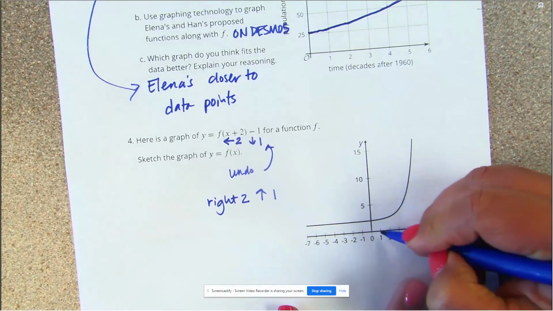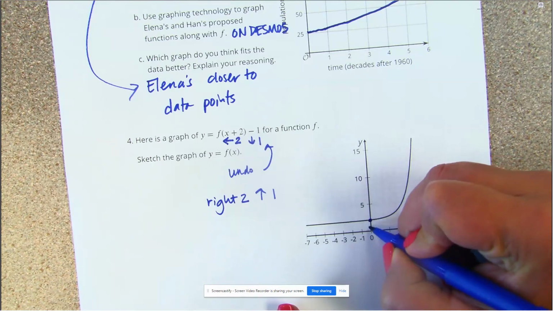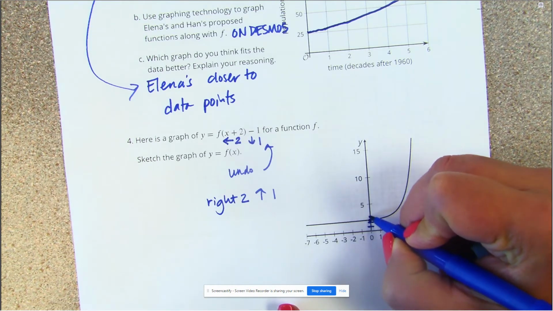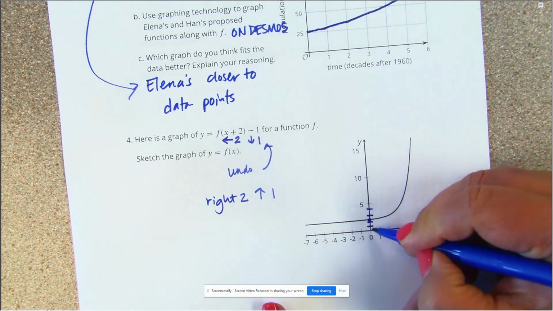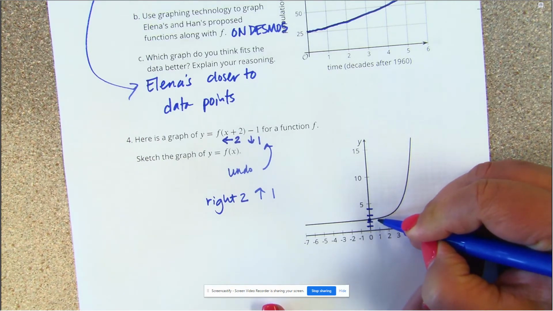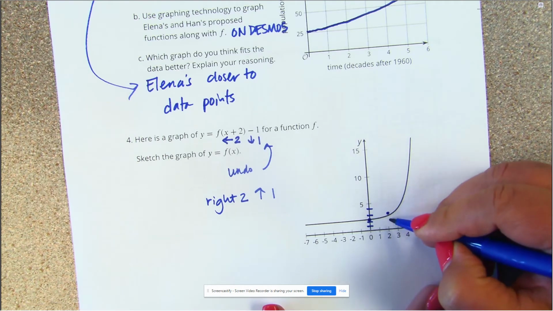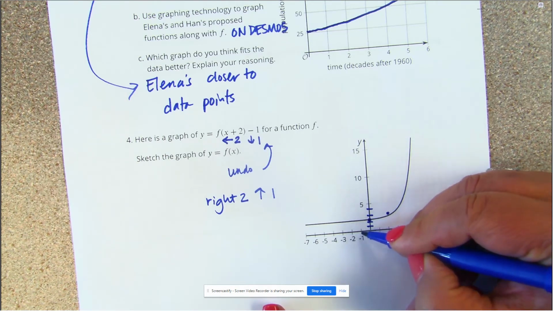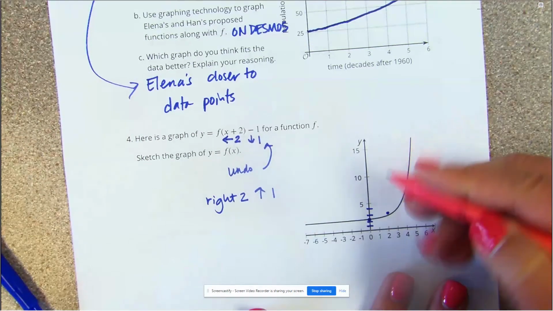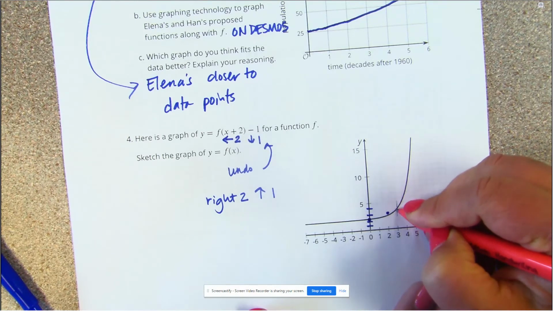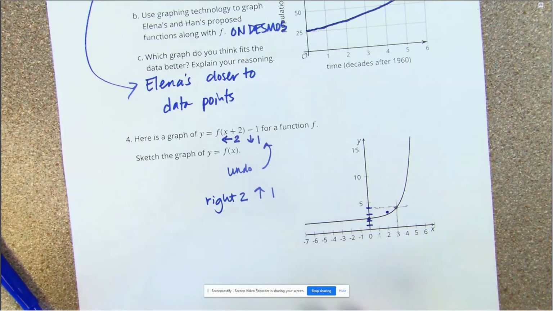So let's see. I'm going to try 1, 2, 3, 4. I'm just making my own here. So right 2, so 1, 2, up 1. Let's pick another good point. What do we think this is at? Use a pencil here. I'm just going to get this point right here. Maybe right there.